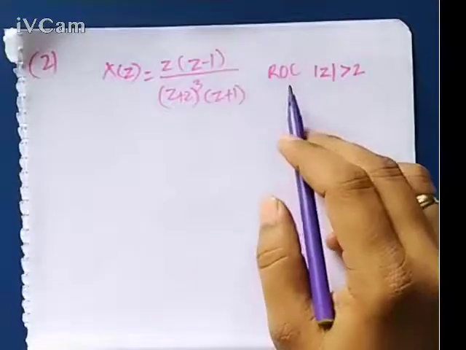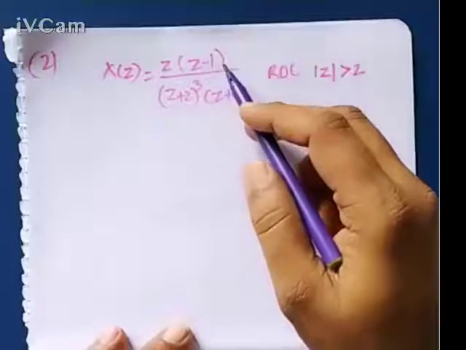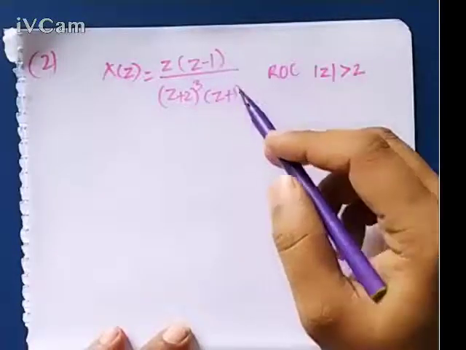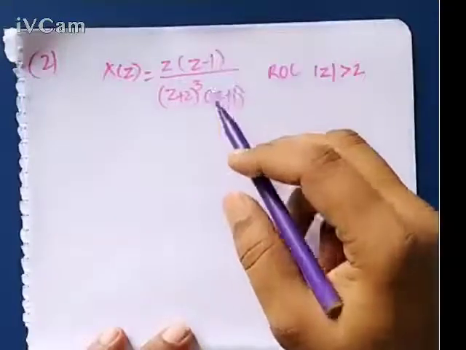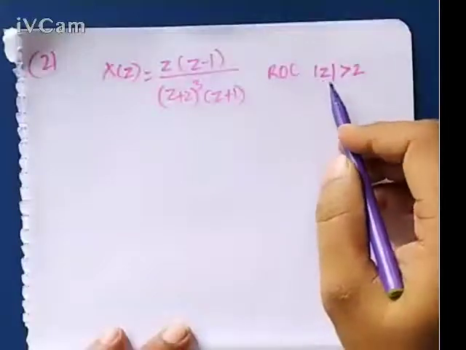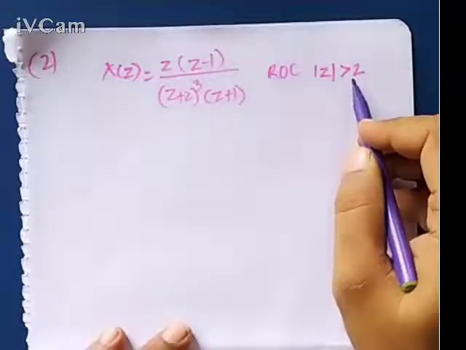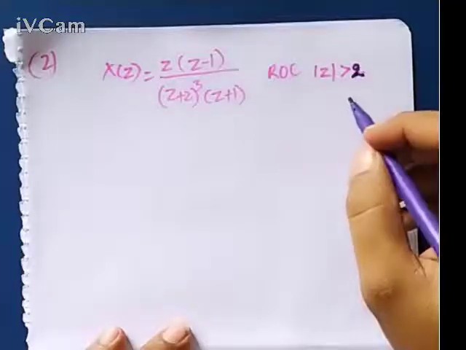Here, whatever the zeros and poles are, they are already given in the standard form. Okay, and the ROC is given as mod z greater than 2.